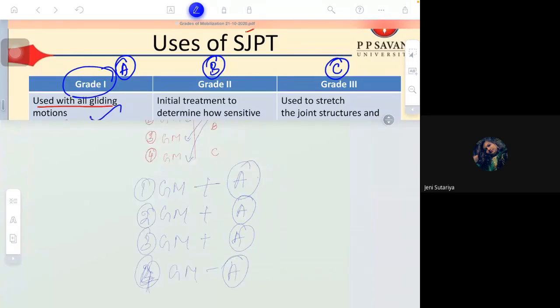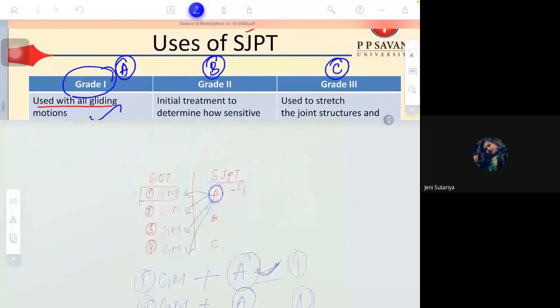So, what is grade A? Who can define grade 1? This is 1, 2, 3 grade of SJPT. So, what is grade 1?